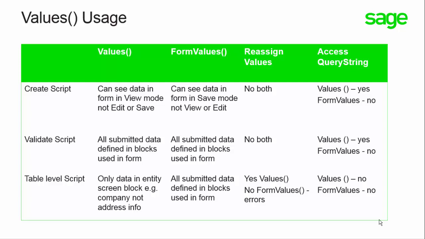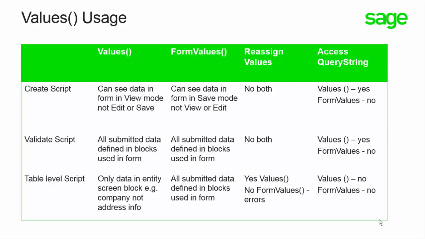What action code has been used to load the screen, and what other information is available to us? Well, the values and form values methods allow us to access data in different circumstances, and will allow us to get hold of different environmental information.